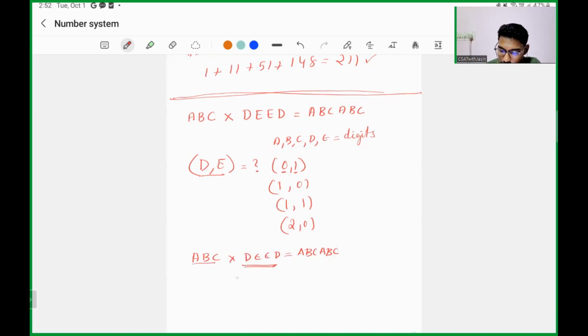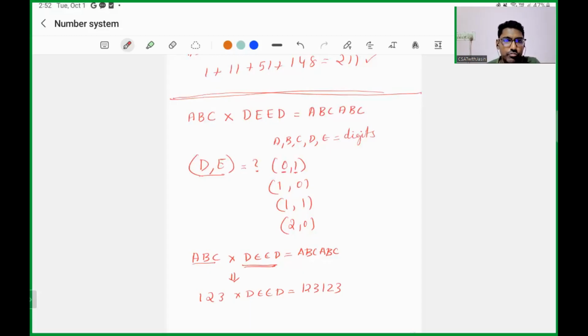So instead of this question, if I give 1 to A, 2 to B, and 3 to C, it will become 123 into DEED is 123123. If you change it like this and do the question, it will be a little easier. You can grasp it a little more. UPSC has given ABC just to represent one number, so we are taking it as 123.